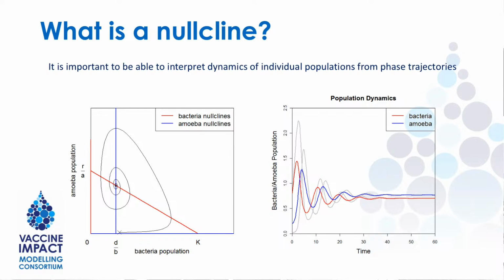If we've got no predators, the rate of change is going to be 0. So that's our two axes. We've got another vertical line for the amoeba. So when the bacteria population is d over b, our rate of change of the amoeba is 0. So we get this vertical null line there as well. So this is the equation x equals d over b. That's our straight line there.